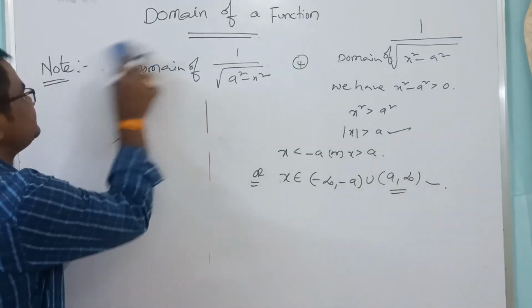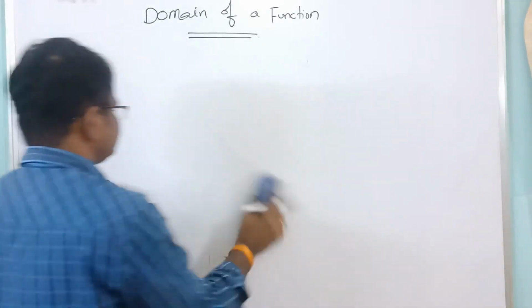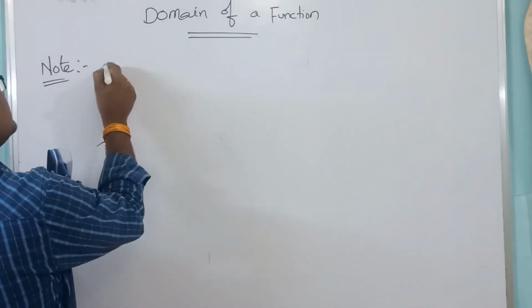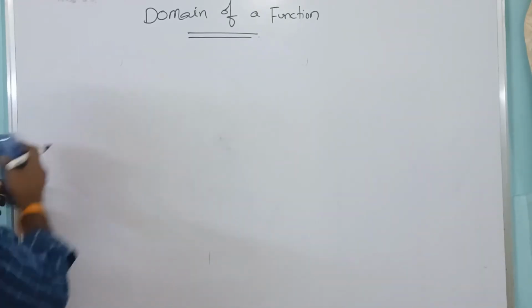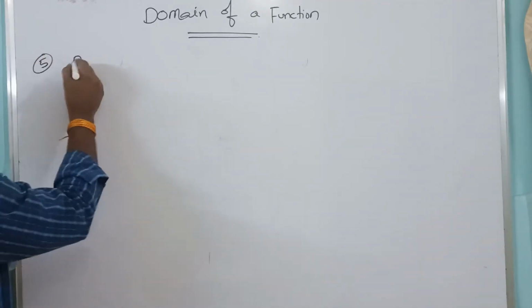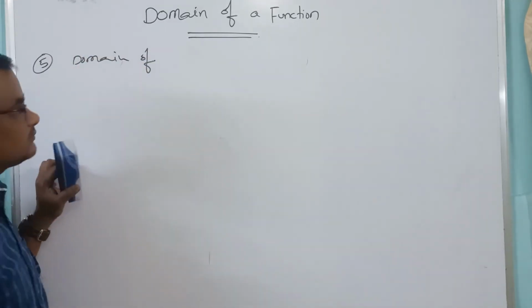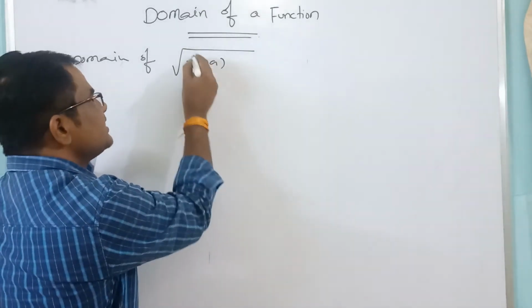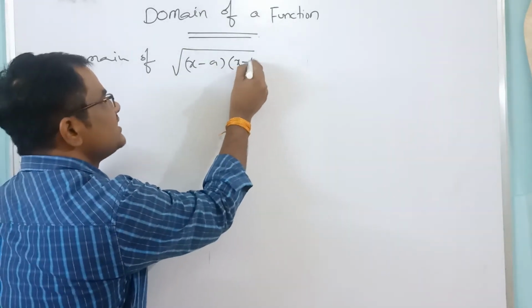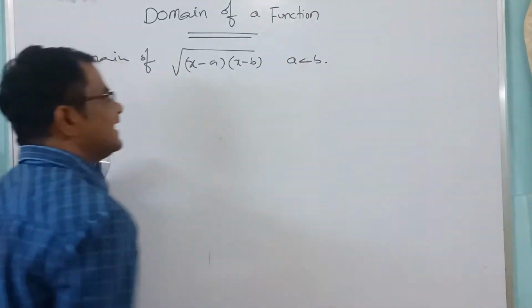Next, the fifth one: domain of root of x minus a into x minus b, whenever a is less than b, like this they given.